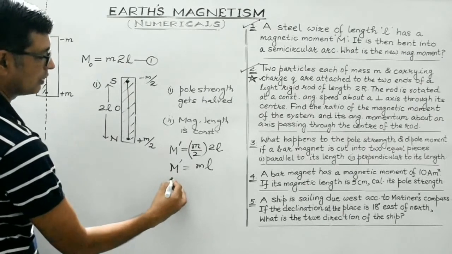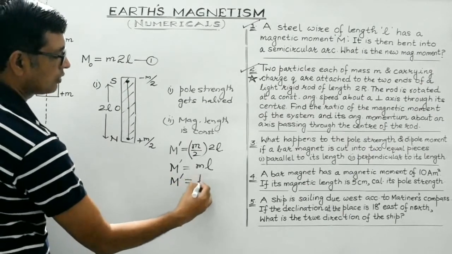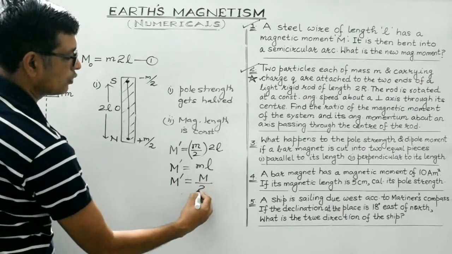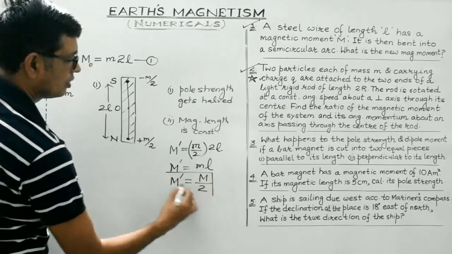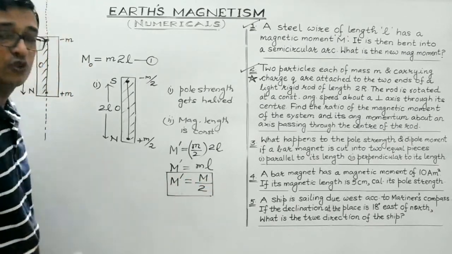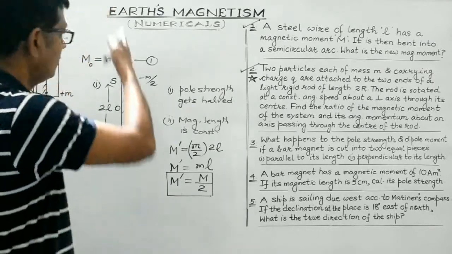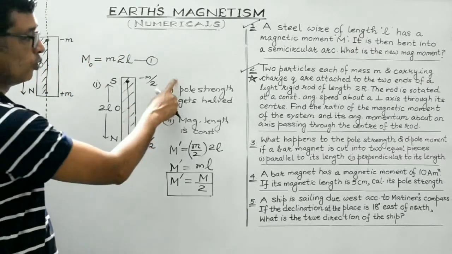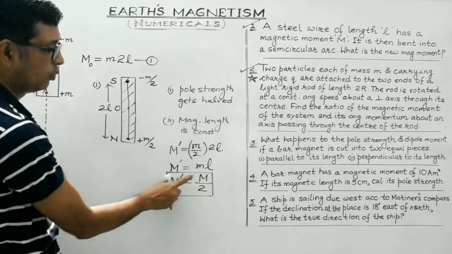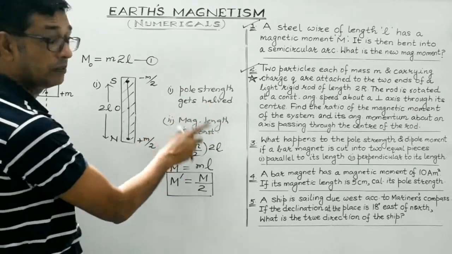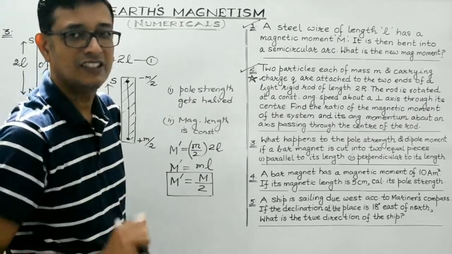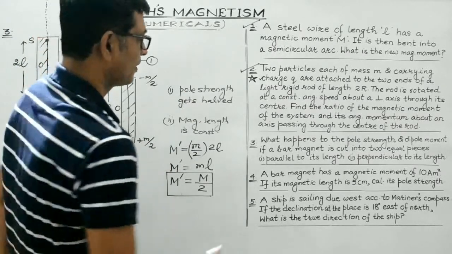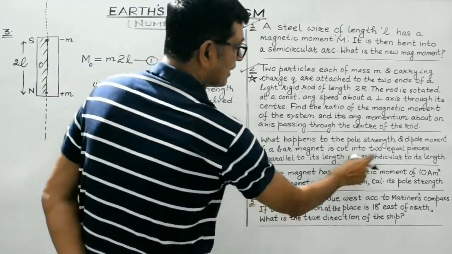So from this we conclude that m dash is equal to m by 2. I hope it's pretty clear, students. So in case the magnet is cut into two equal parts along its length, then pole strength gets halved, the dipole moment gets halved, and the magnetic length remains the same.